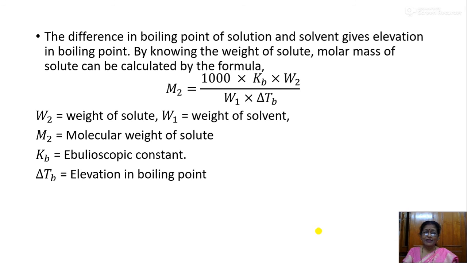In the earlier case, we have discussed Kf, the freezing point cryoscopic constant. W2 is the weight of the solute. W1 is the weight of the solvent. M2 is the molecular weight of the solute and you have to calculate that. Kb is the ebullioscopic constant and delta Tb is nothing but the elevation in boiling point.